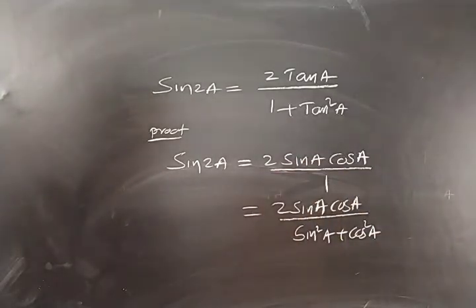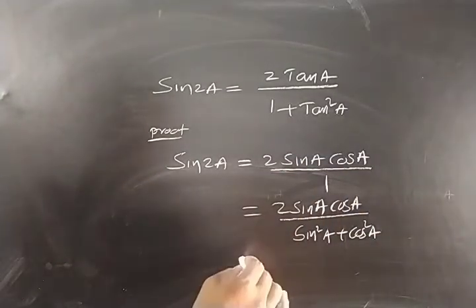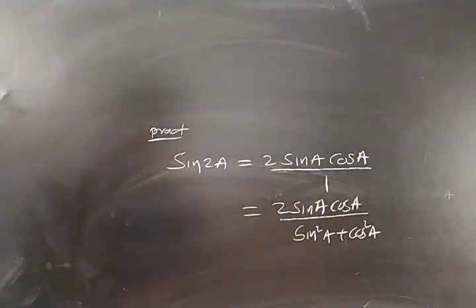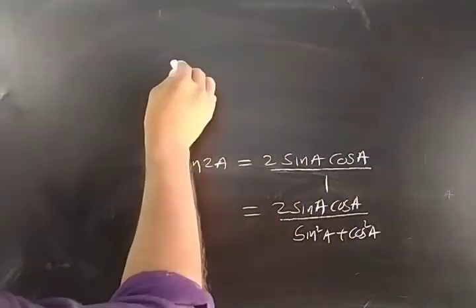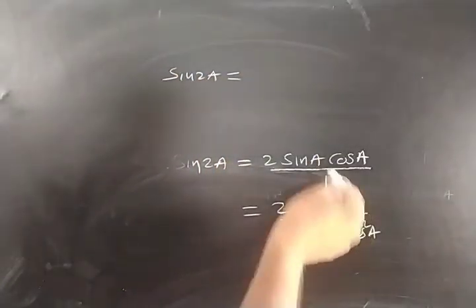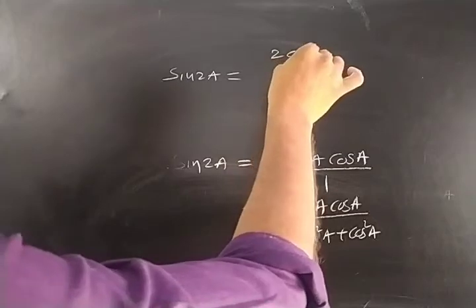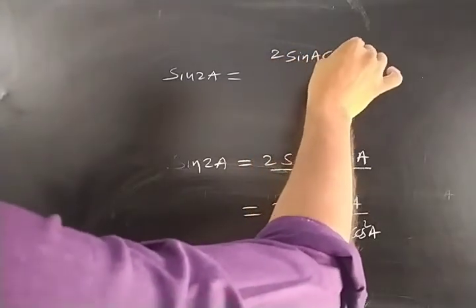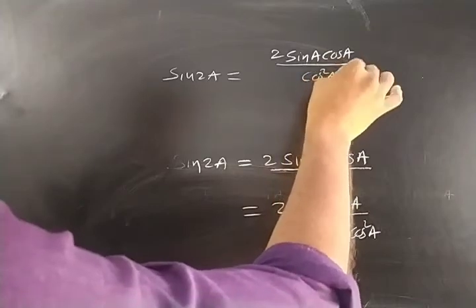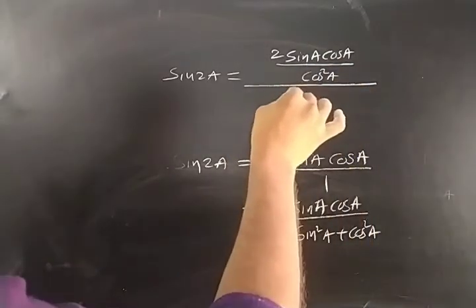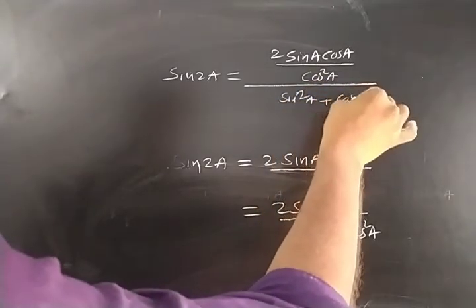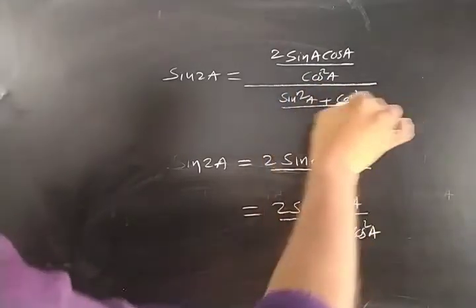Again you will get the same formula 2 sin A cos A. I am dividing the numerator and denominator by cos square A on the right-hand side. So in the numerator I am dividing by cos square A, and the denominator also I am dividing by cos square A, sin square A plus cos square A by cos square A.